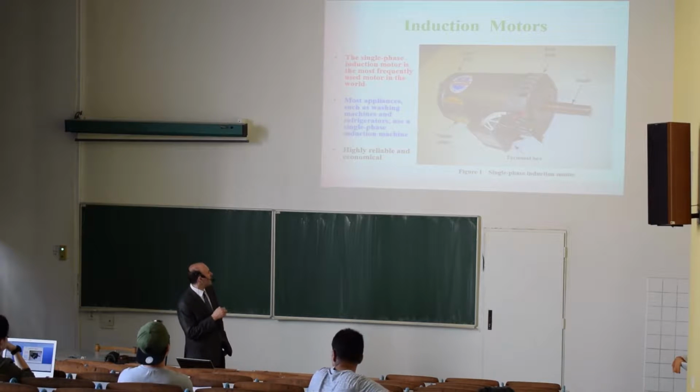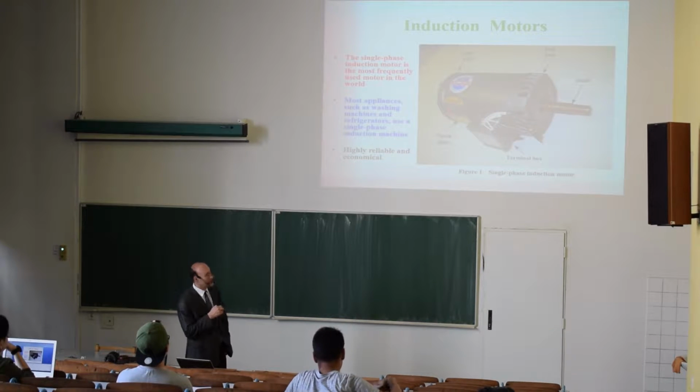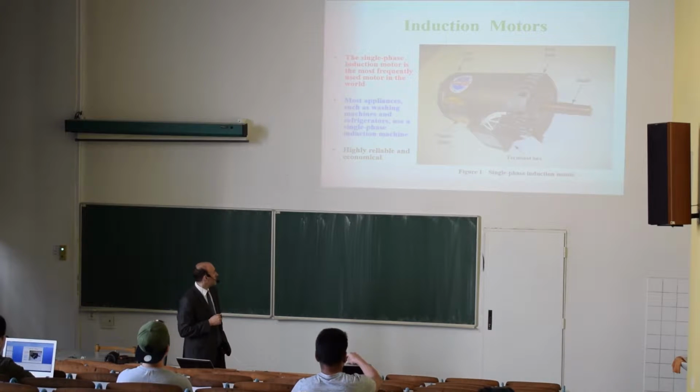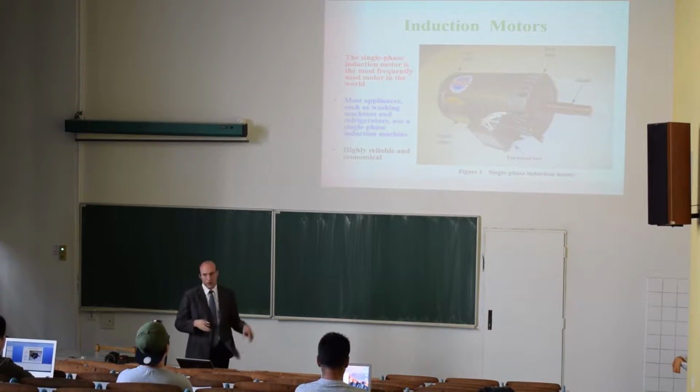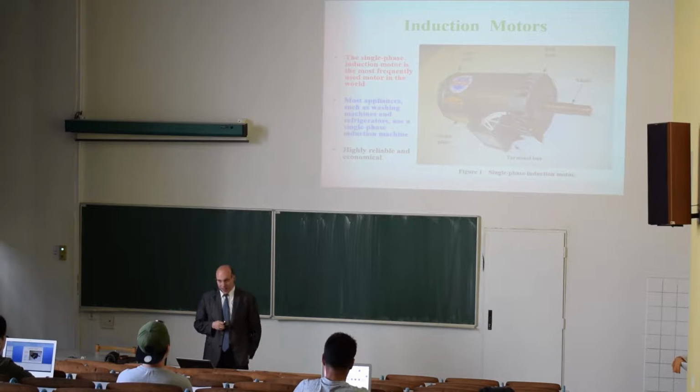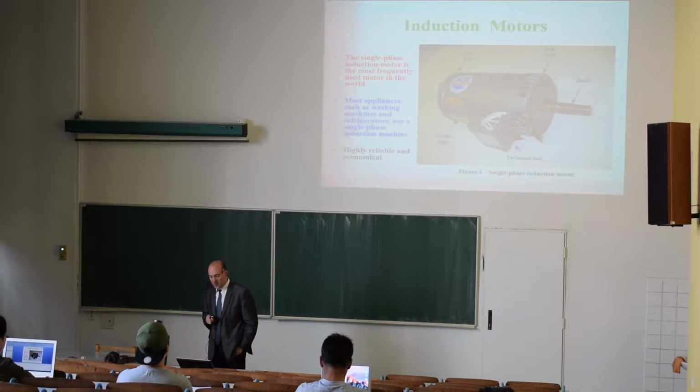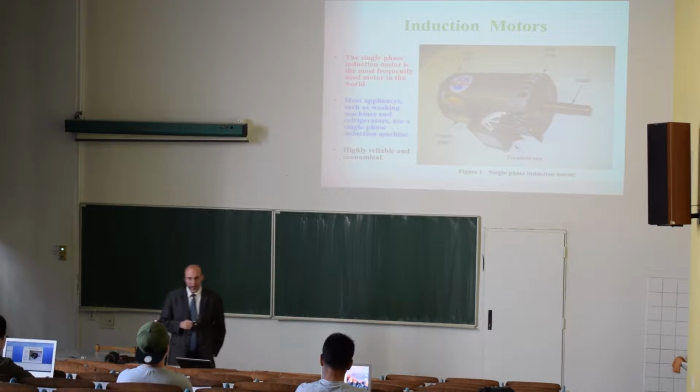It should have a nameplate, and we will discuss the nameplate values in detail as well. And here you see the end bells. Those are the places where you will find the bearings.